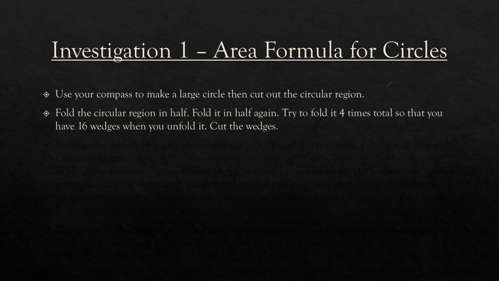So you have your circle, you have folded it in half and then in half again, and then one more time, and then one last time, and then you should have 16 wedges, so you're cutting out the wedges that look like this.